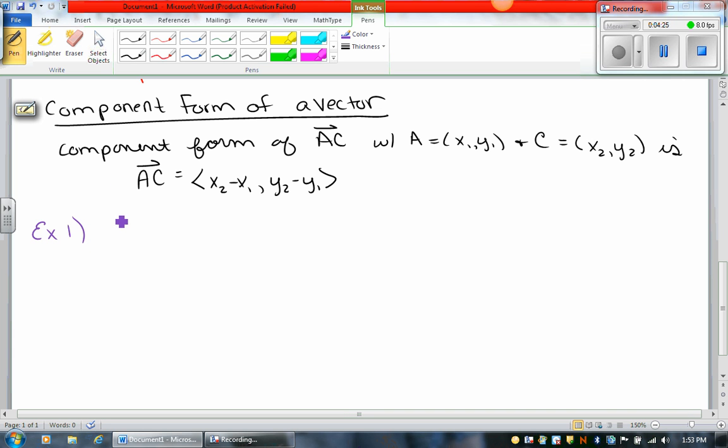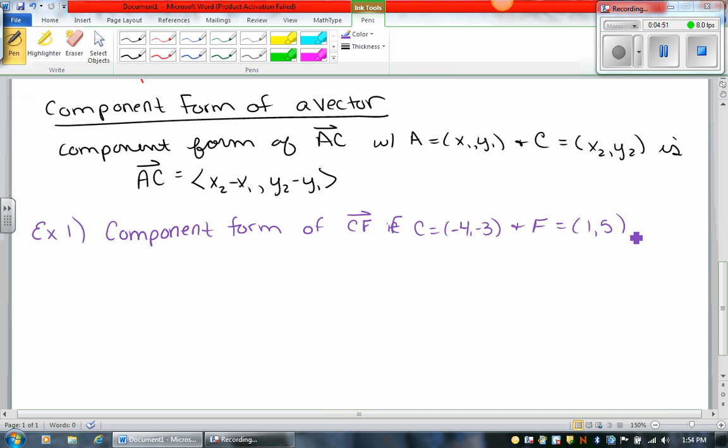Okay, so we're going to find the component form of vector CF if C is equal to -4, -3, and F is equal to 1, 5. Okay, so again, we're simply using this form here.